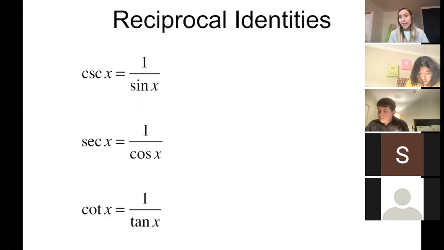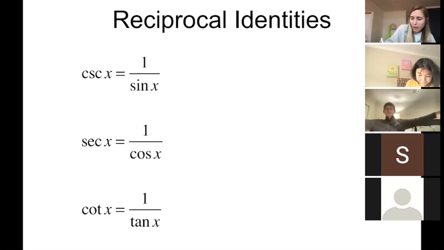You know this first set of identities already. So this should be easy. This is already in your memory. These are known as the reciprocal identities. So the fact that cosecant is the reciprocal of sine, right? So cosecant is equal to 1 over sine. Secant equals 1 over cosine. Cotangent equals 1 over tangent. We can also flip those.